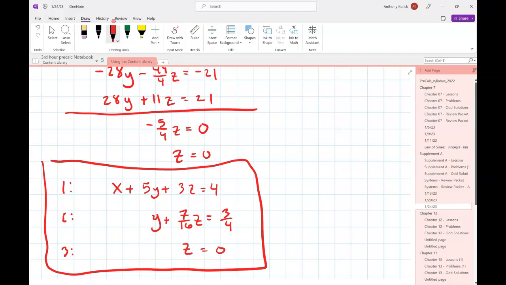And now you're looking at me like, Mr. Kulik, that stinks. Because that took flipping forever. It was way slower than the other methods. What's the good thing about this?